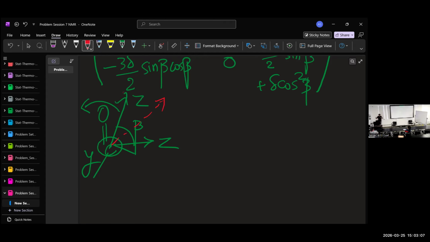But now I'm adding further complexity. The molecule has a certain orientation relative to B naught, which defines the molecule-fixed frame. But in the molecule-fixed frame, this particular functional group itself is undergoing conformational fluctuation. So in that molecular-fixed frame, you had two arrangements for the principal axis system. If you're rapidly exchanging between the two, the average principal axis will land along, for example, the bisector. Now, if this fluctuation is fast enough, relative to what?